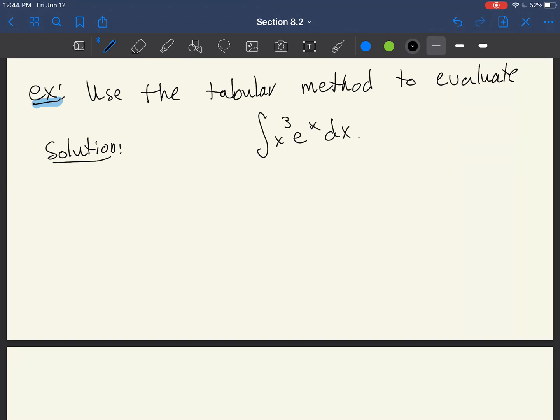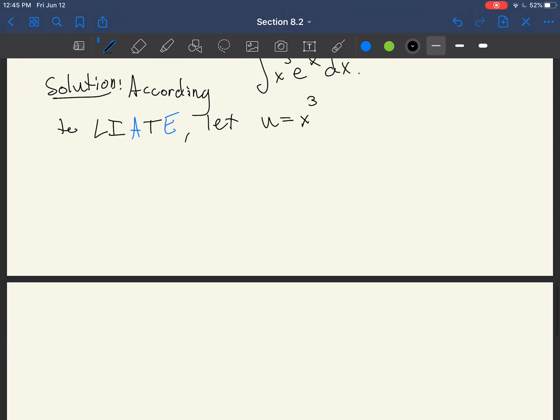Okay, so first we have to determine what do we want u to equal. According to LIATE, we let u equal x cubed.